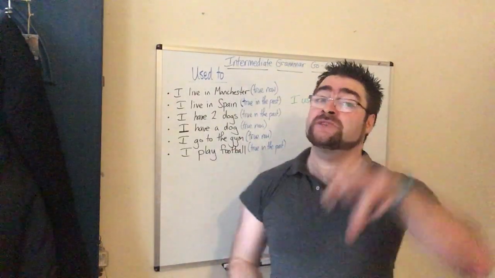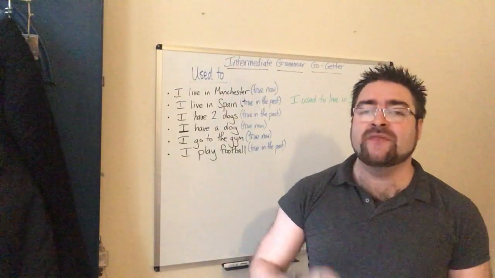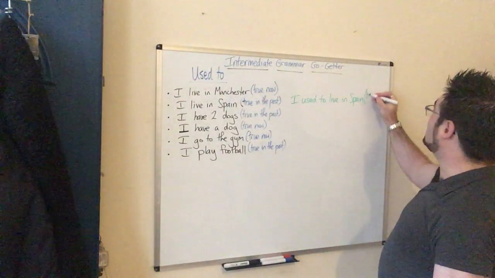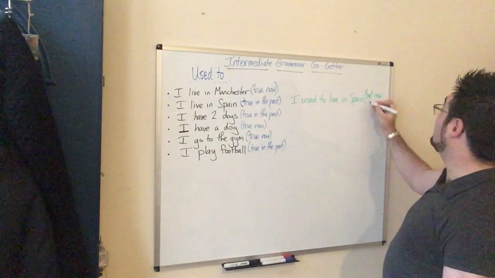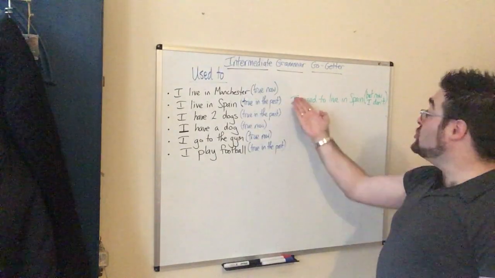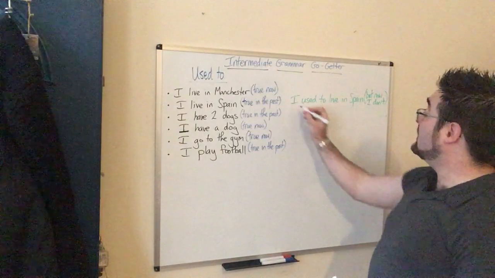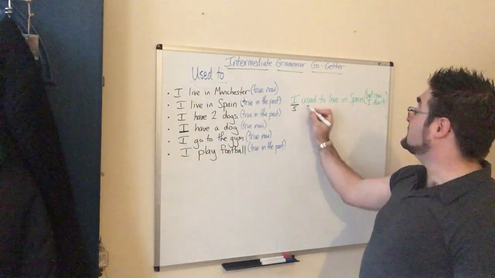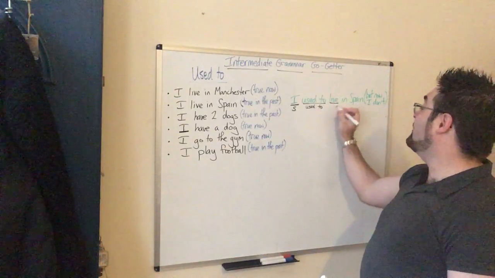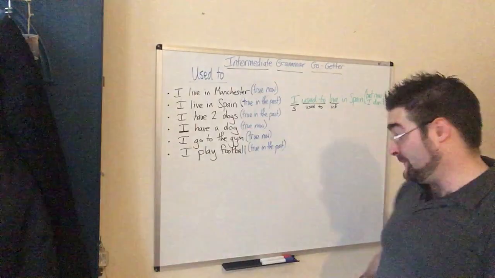No. Did I live in Spain in the past? Yes. And if you find it difficult, then you can always add a little more onto the end of your sentence, which is, but now I don't. I used to live in Spain, but now I don't. And our structure is our subject, then used to, and then our infinitive. I used to live in Spain.